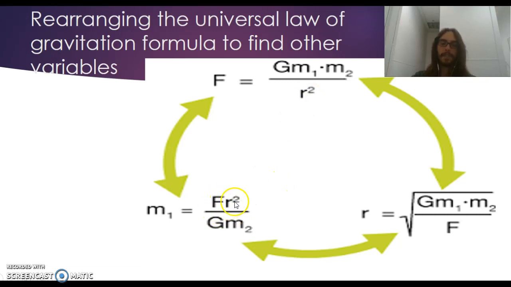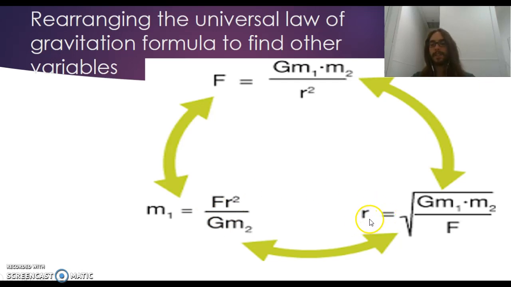So we're going to do F d squared over the gravitational constant times the mass of the second object. So if you have an unknown m1 but you know m2, then you can find out all of that information if you have the force due to gravity, the gravitational constant, and the distance.